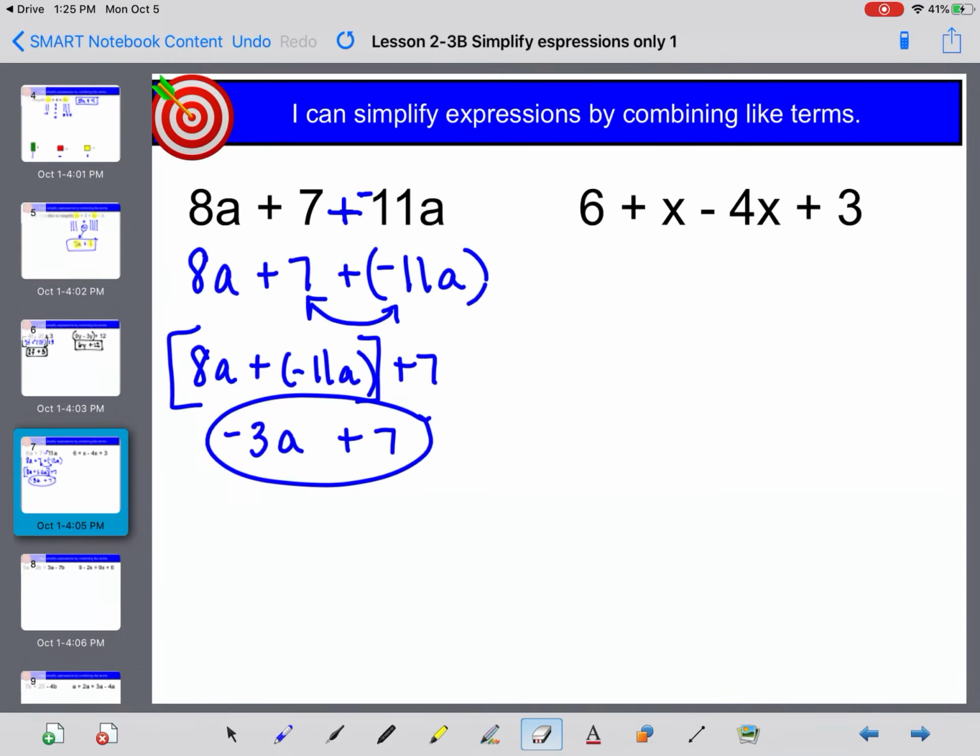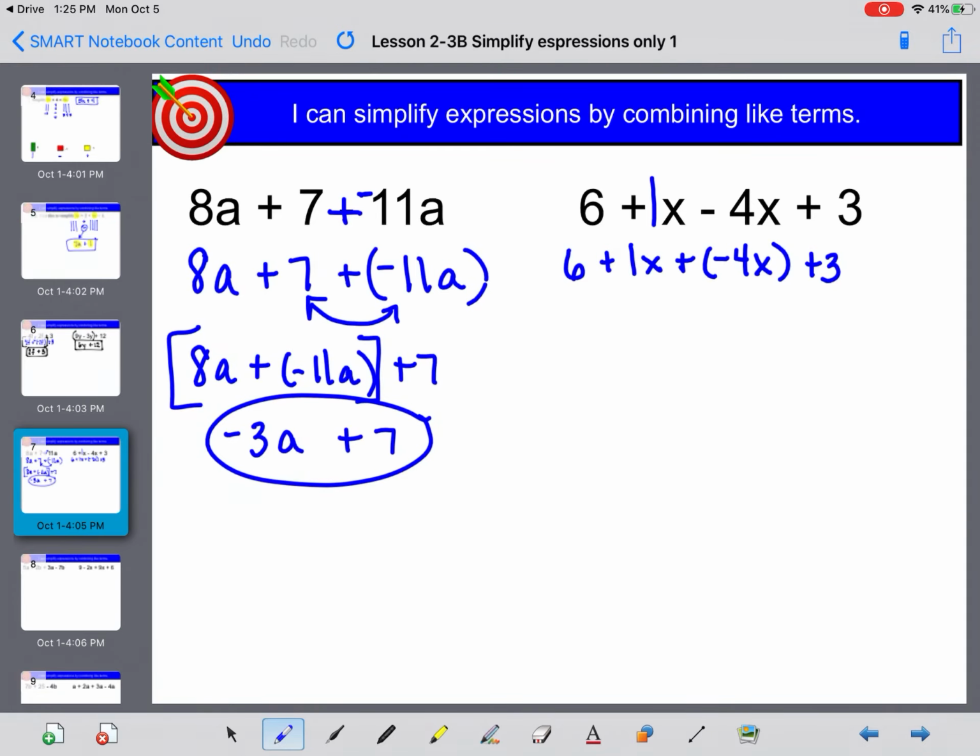All right, the next problem. Make sure that you enter in any understood or invisible coefficients. This is really 1x, not just x. And then let's rewrite this as adding the opposite, adding negative 4x plus 3. All right, now I'm ready.